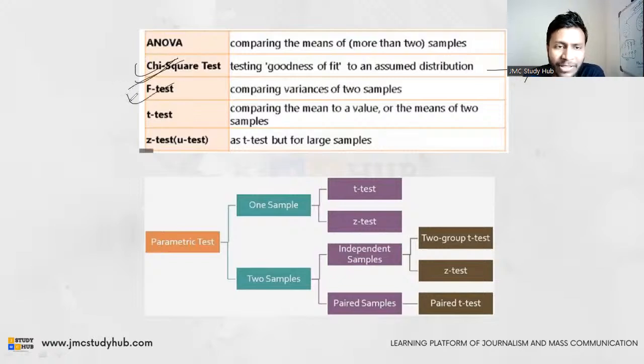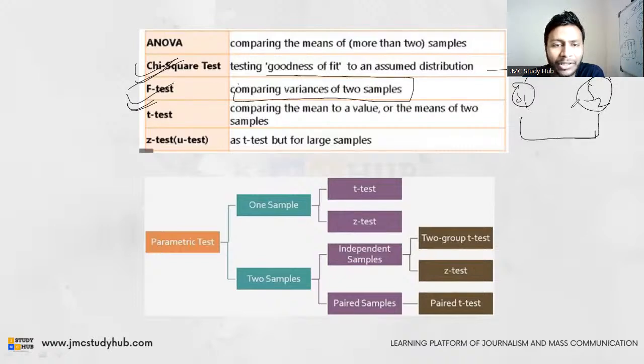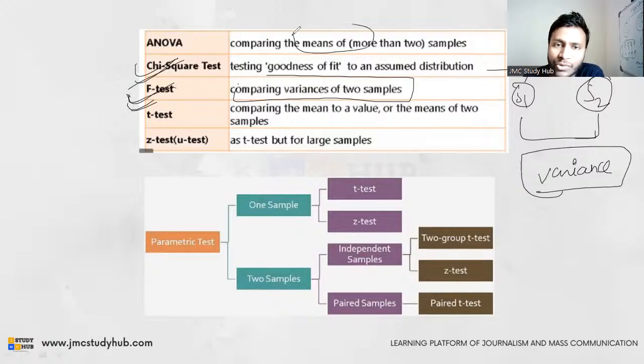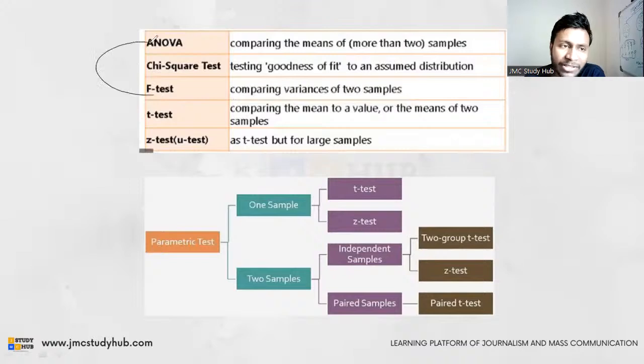Okay, so the F test is comparing the variance of two samples, right? Two samples, S2 and S1. Here you are comparing the two samples by the variance, then it is the F test, and where you are comparing by the means, then it is ANOVA. Please, the differences are there. दोनों में differences है. Please note it down.